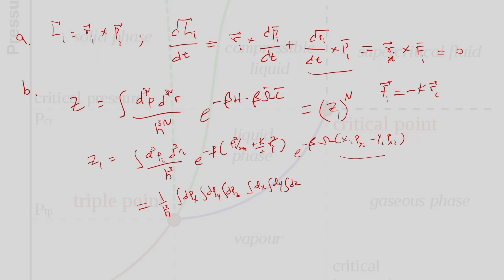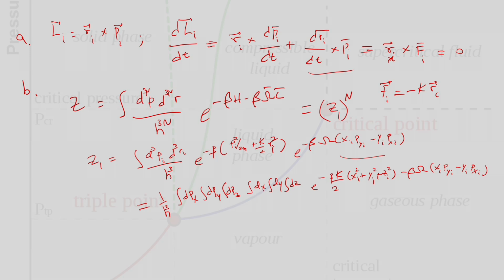Okay, so how does this work? It is going to look like this. It is beta k by 2 xi squared minus beta omega xi pyi, minus yi pxi.